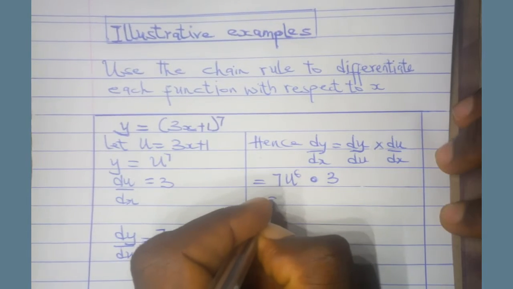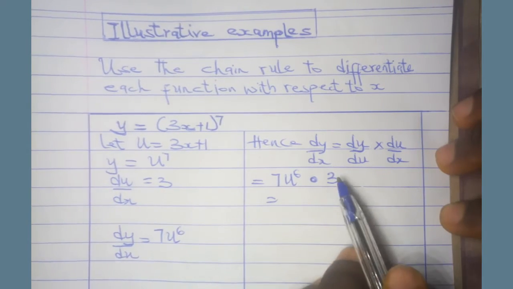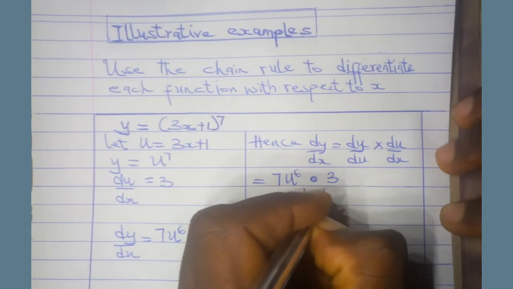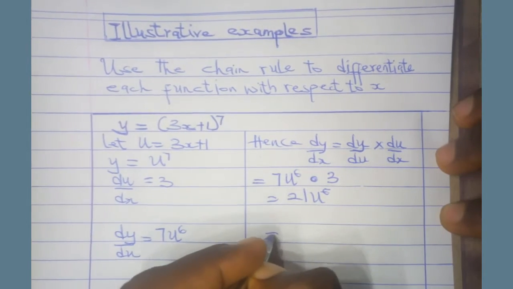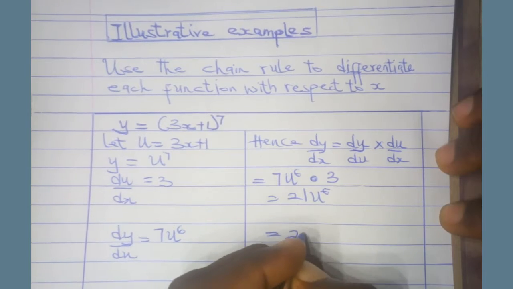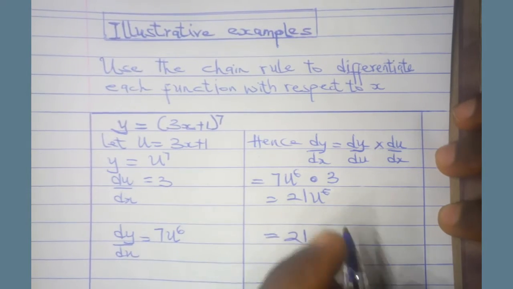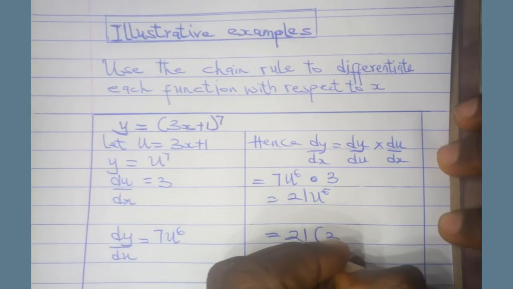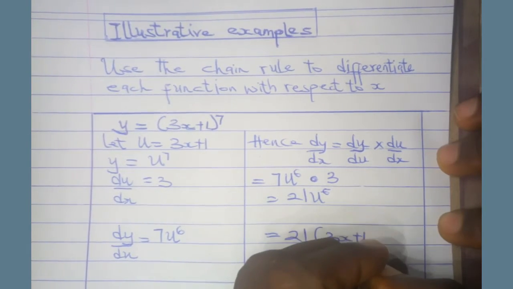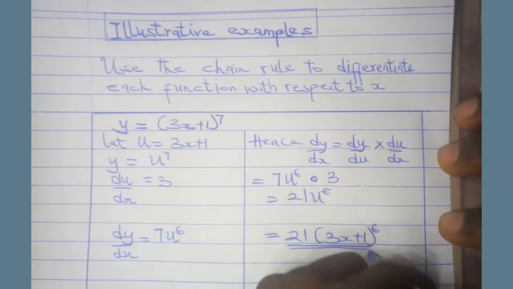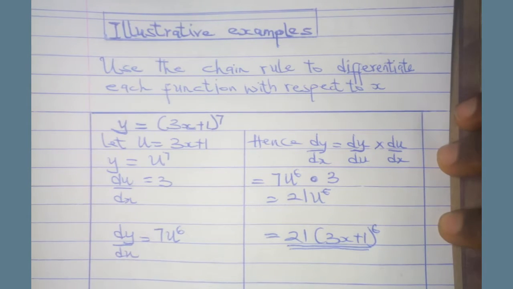Good. So 7 times 3 is 21u raised to the power 6. So I have 21. u is equal to 3x plus 1. So 21 times (3x plus 1) all raised to the power 6.